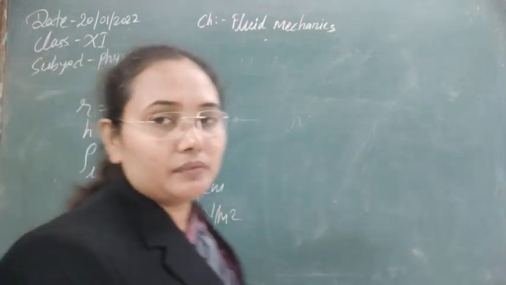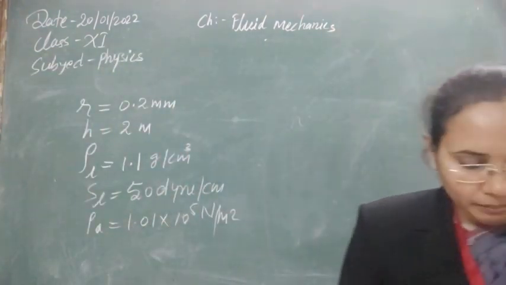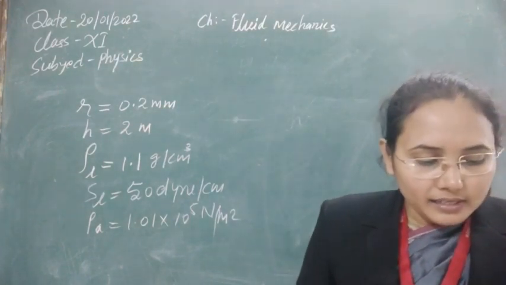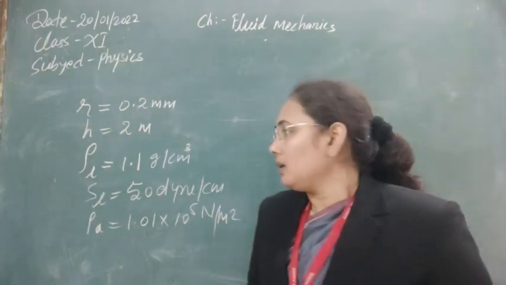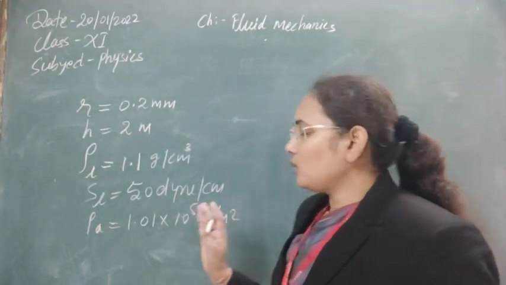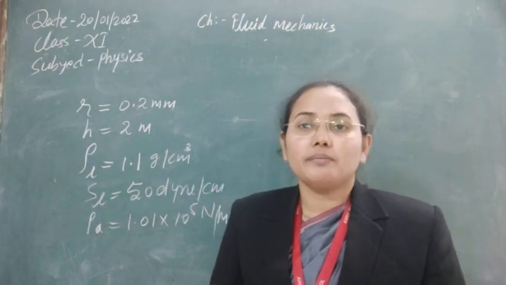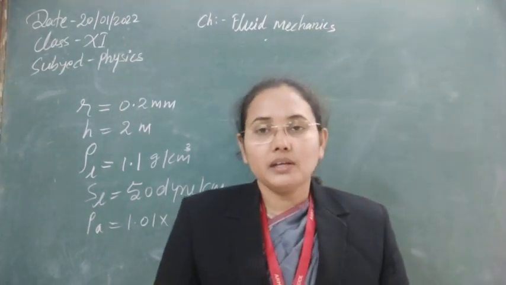So these are the information in our question, and the question asked is what will be the total pressure inside the spherical air bubble. First we know that this question is actually a combination of three topics. The first one: on the surface of the liquid the pressure is equal to atmospheric pressure.